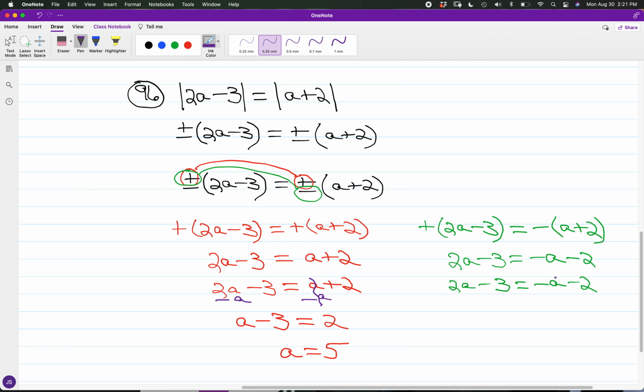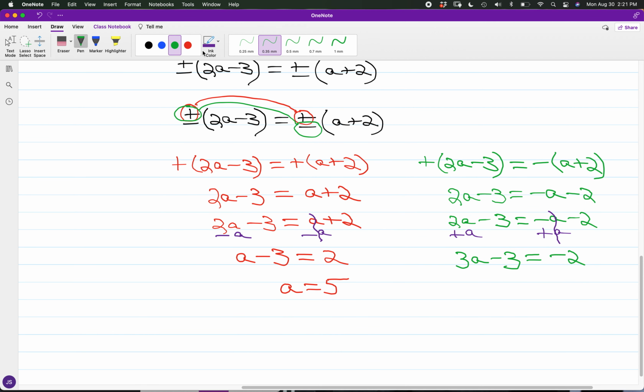Combining like variable terms, this time I add a to both sides, so 2a plus a becomes 3a, and you have 3a minus 3 is equal to negative 2. Isolating 3a, adding 3 to both sides, I have 3a is equal to 1, and with division by 3, a is equal to 1/3.